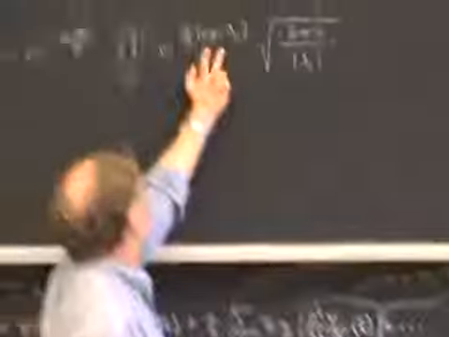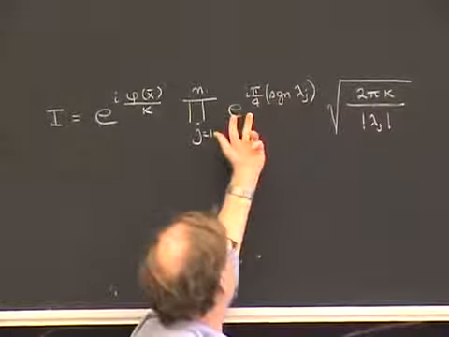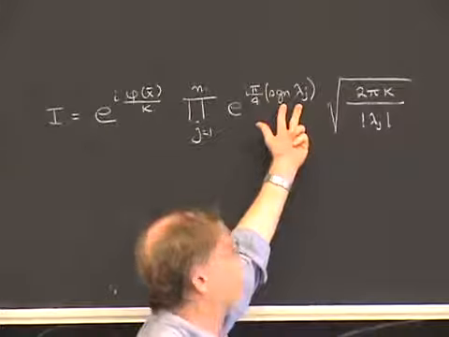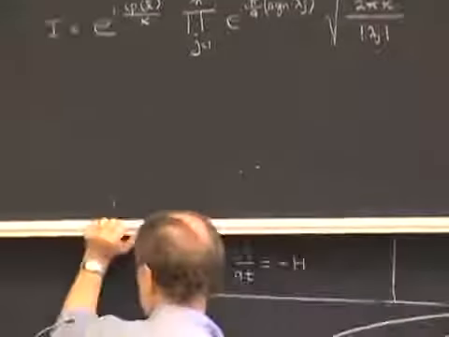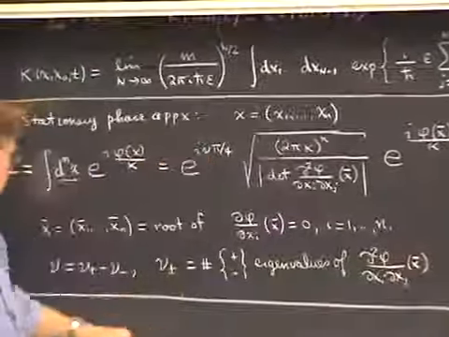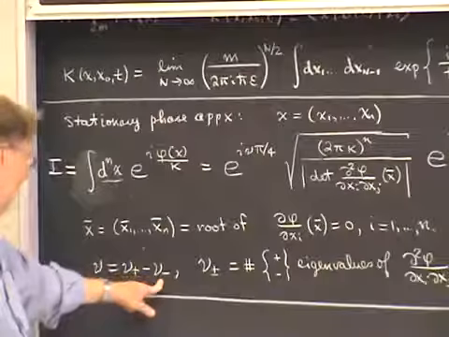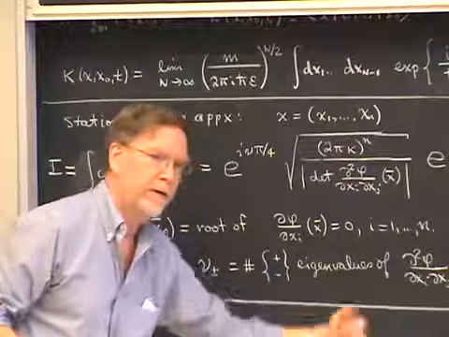And so the product of the signs times the e to the i pi over 4 is just equal to e to the i pi over 4 times the number of positive eigenvalues minus the number of negative eigenvalues. And that's exactly what this factor here is, e to the i nu pi over 4, where nu is defined as nu plus minus nu minus, and nu plus and minus are the number of positive and negative eigenvalues of the second derivative matrix.